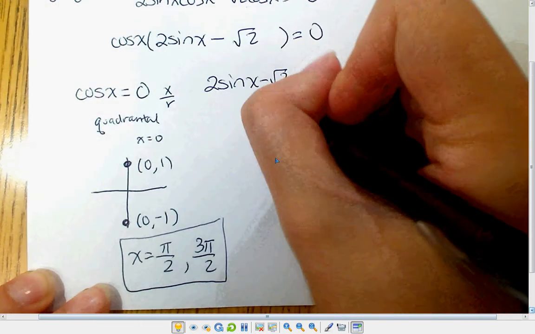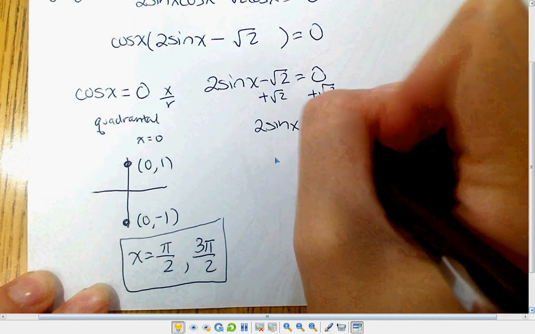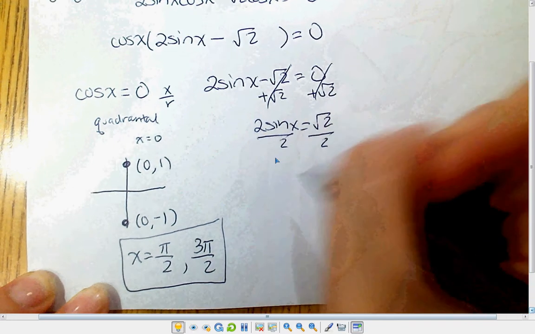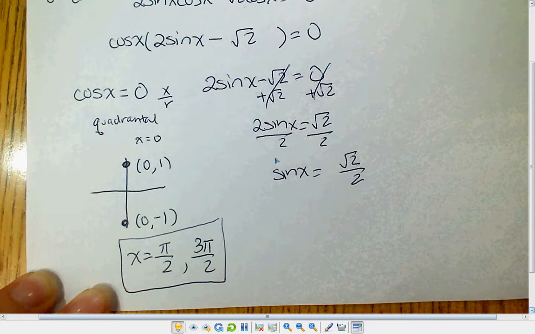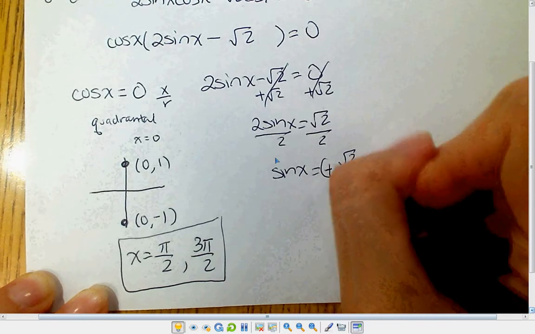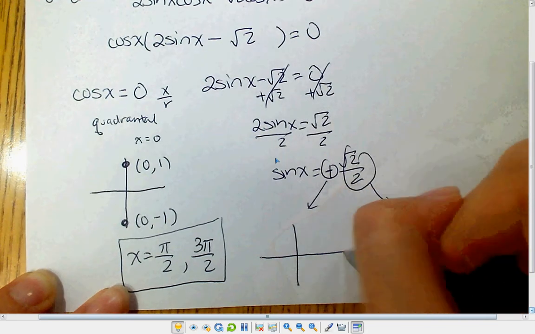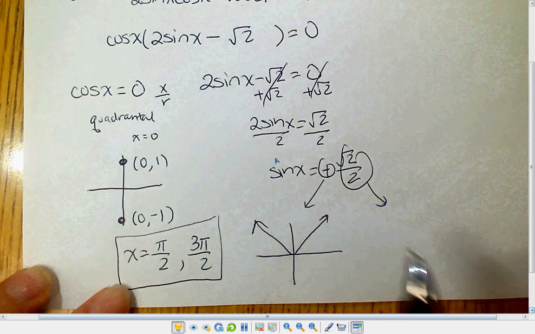So let's first solve for sine. Let's get sine by itself. We have sine of x is equal to root 2 over 2. Again, this is positive, so we're going to break it up into our two parts. We know sine is positive in the first and the second. Let's look at our chart.